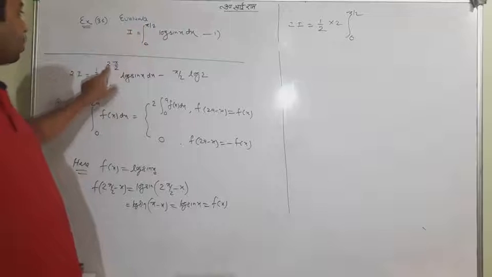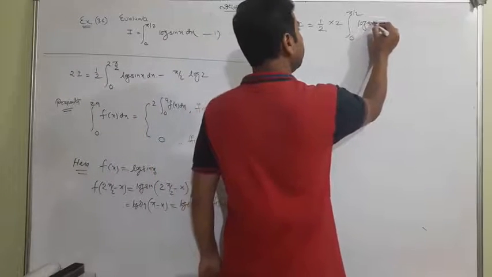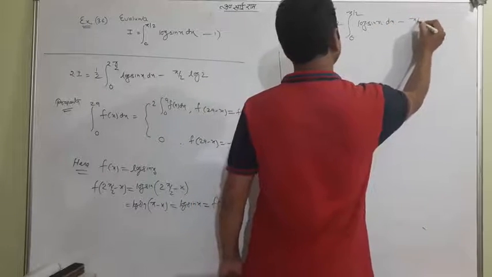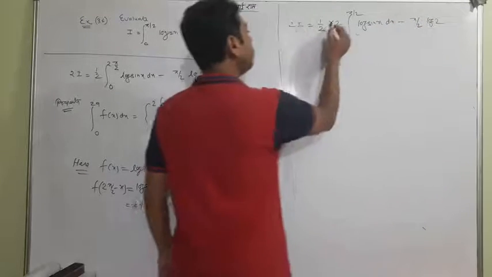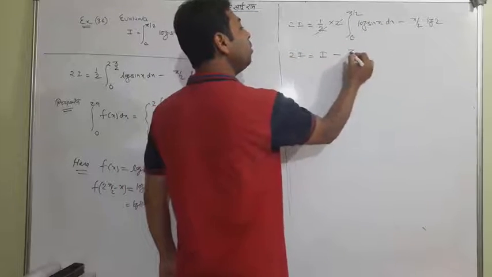So 2 will be outside and 0 to pi by 2 will remain, log sin x dx. And this is pi by 2 log 2. Now 2 and 2 will cancel. 2I is equal to this whole, now going to be I.